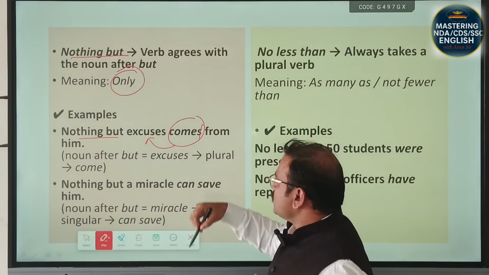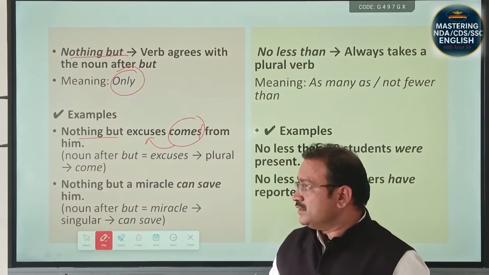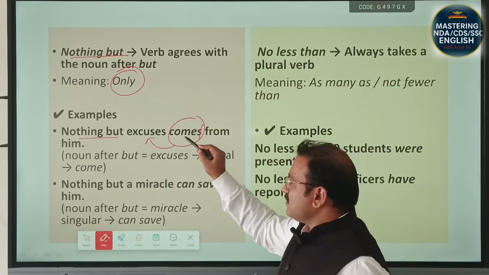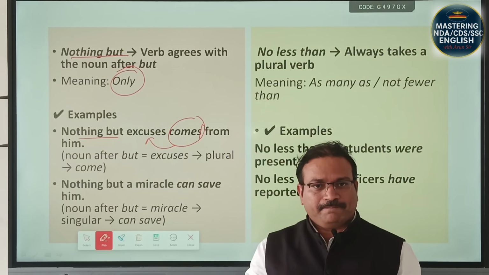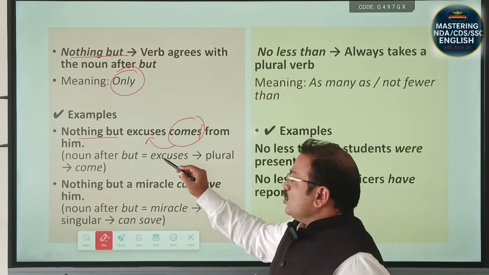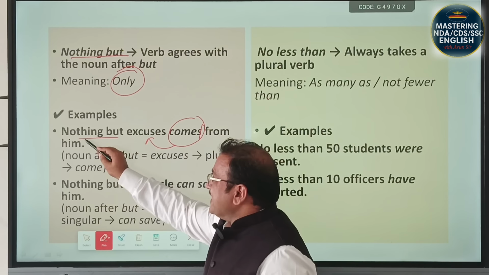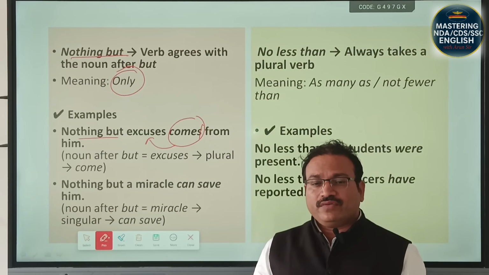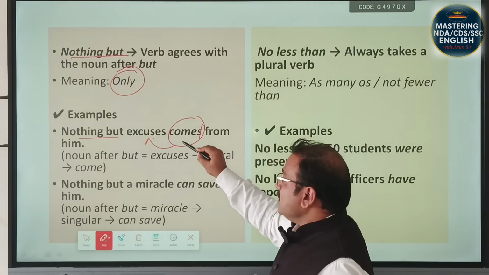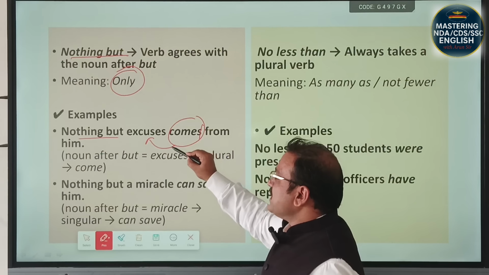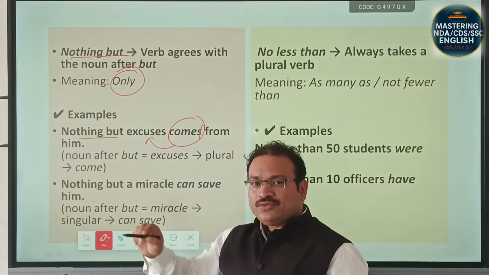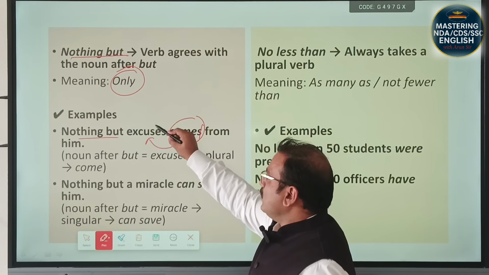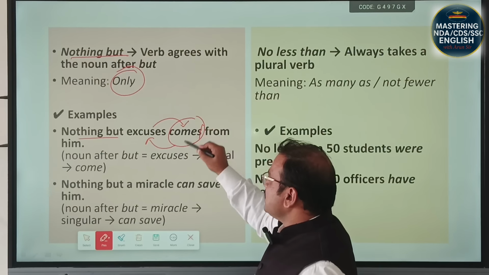It is wrong here. The s should not be here, because excuses here is plural. So in place of comes, come. So when the sentence begins with nothing but expression, then the verb agrees with the noun or the subject that follows that expression. जो उस expression के just बाद आता है, उससे वो agree करता है. Excuses come.